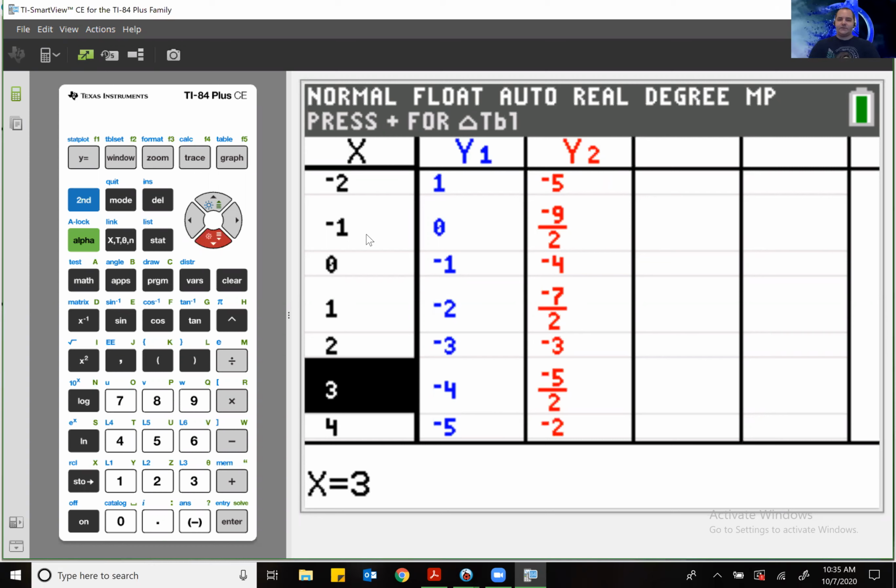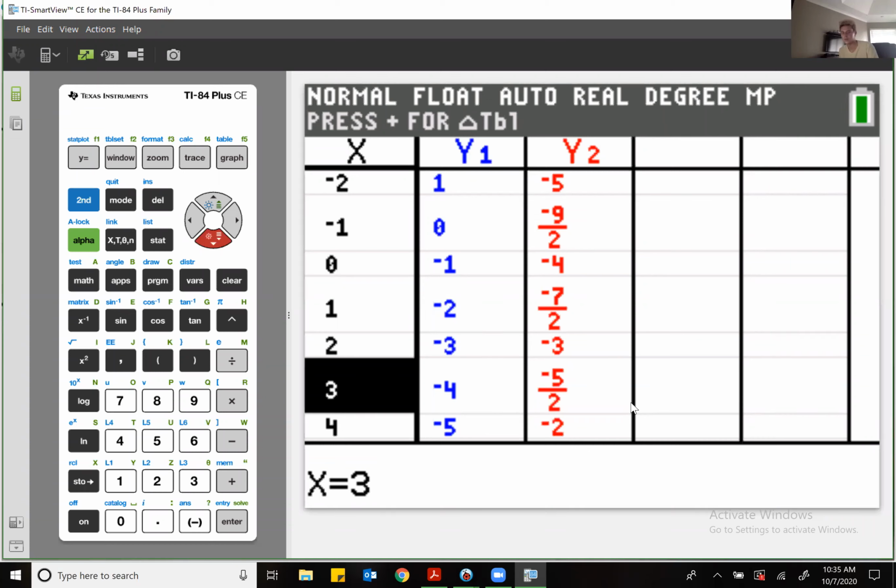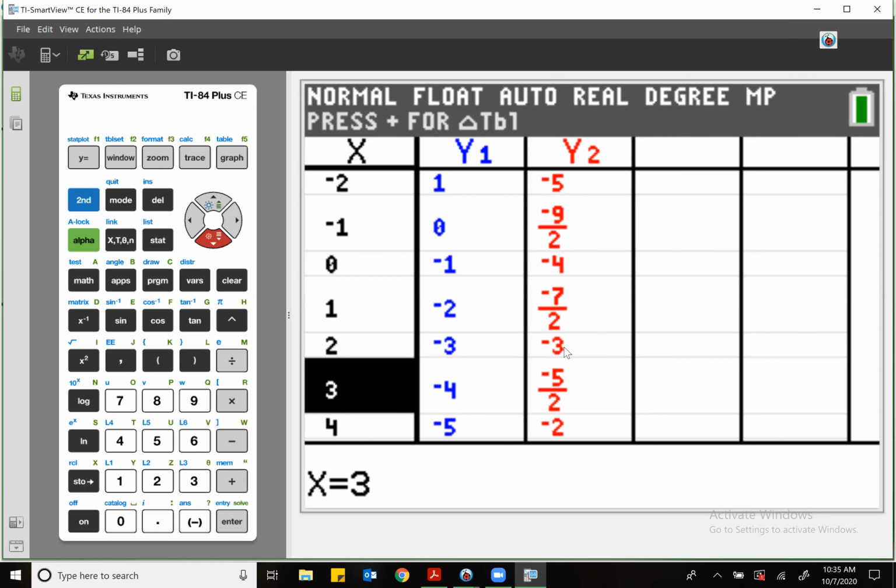Guys, x, y. 2, negative 3. 2 comma negative 3. See, x, y. I like it.